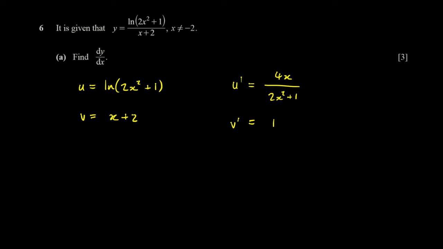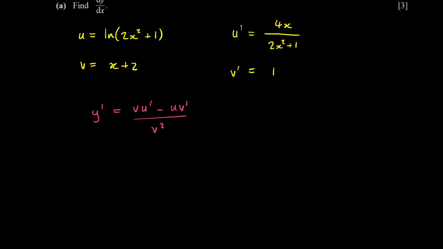Now, what is the quotient rule? The quotient rule is v du minus u dv all over v squared. Now, students often get it in the wrong order. You say u dv minus v du. So make sure you got the right order. But once you know that, basically all we're going to do is substitute into the formula, right? So I'm going to take my v, which is x plus 2, and times it by du.